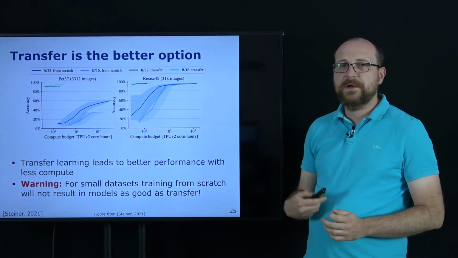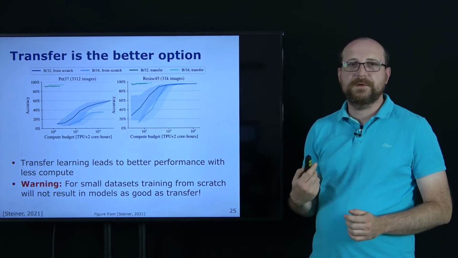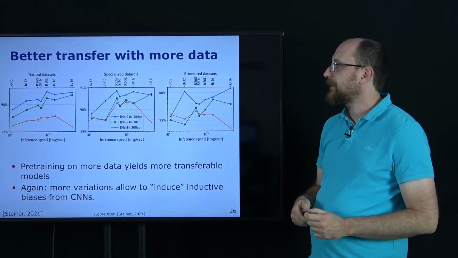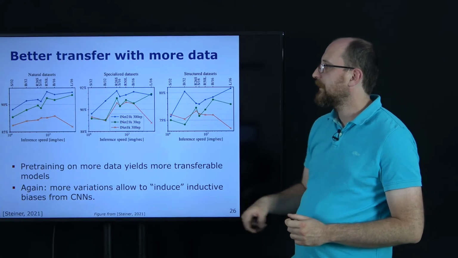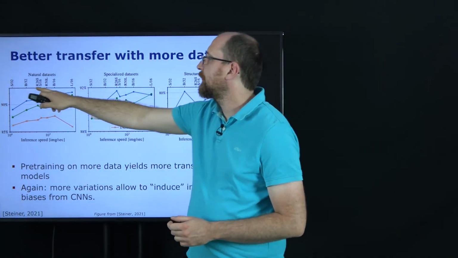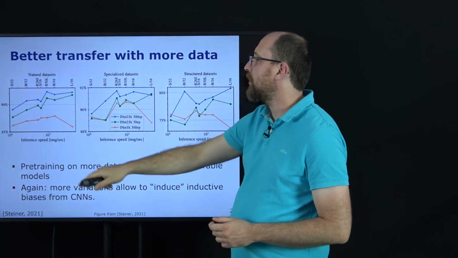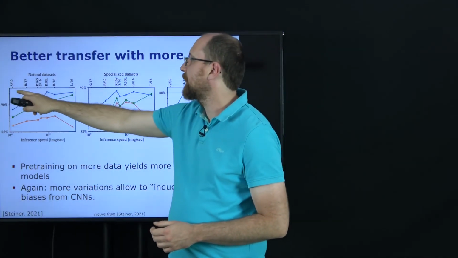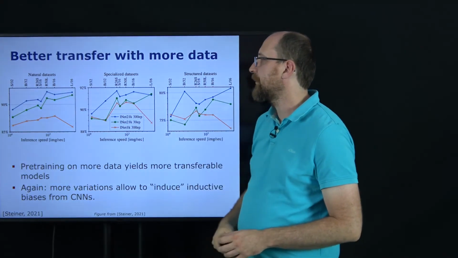When we now look at the transferability of the transformer models, one trend is clear. Here on the x-axis you see different sizes of models, from a very small model to very large models of image transformers.